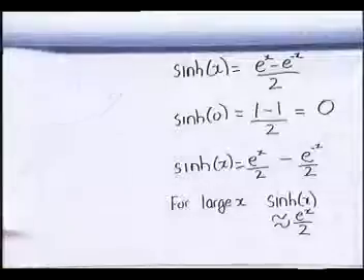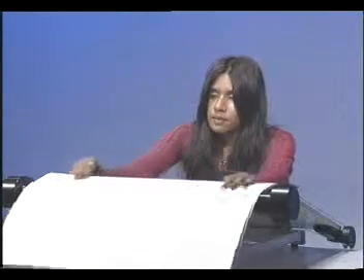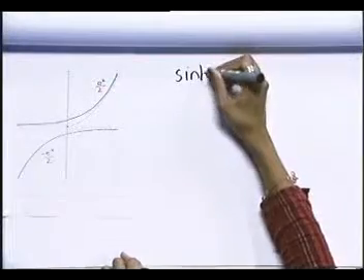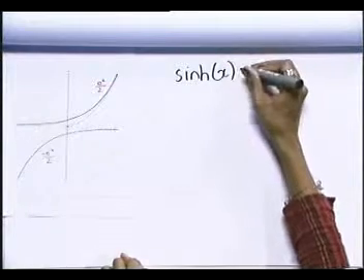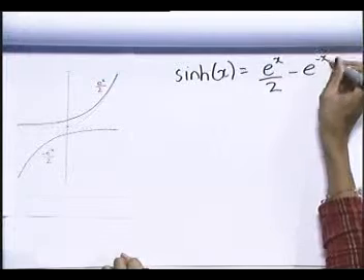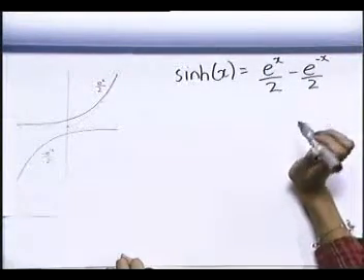Now let's see what happens when x gets large and negative. Again, just so you can see what's happening, I'll write up our split up form of sinh x. Now remember, as x got large and negative, e to the x got very, very small.